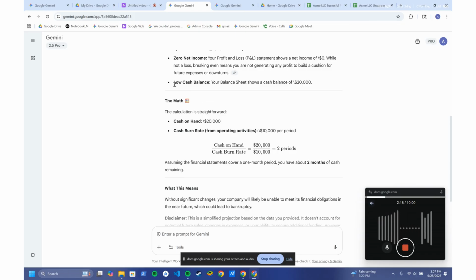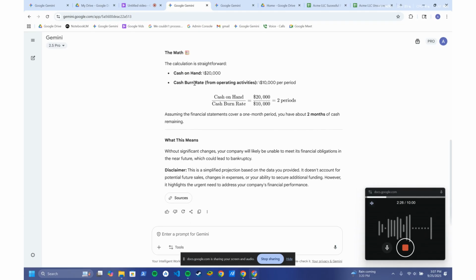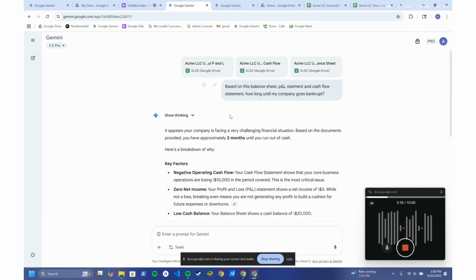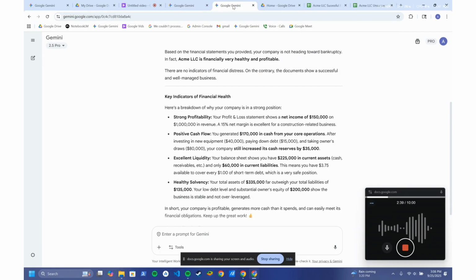And on the assets, we have a low cash balance, so we can't pay for any materials when we need them. So this is a pretty quick formula to find out if the company's going to go bankrupt or not, and in how long. And this guy's going to go in 2 months, so it's in pretty bad shape.